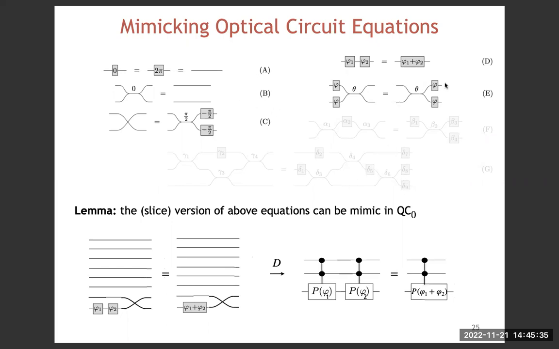For these five equations, A, B, C, D, E, it turns out that the equational theory QC0 is enough to also prove this step of computation, of transformation. So here I give you an example. For instance, if you want to apply this equation somewhere in your optical circuit, you have this phi1, phi2, so you want to do the sum.